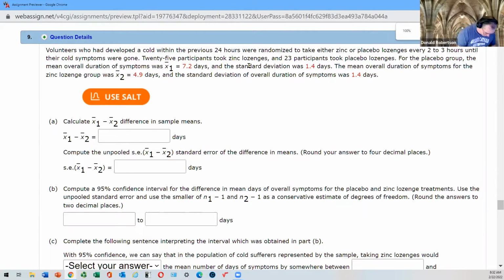So I'm writing these numbers down because you need to know them. I'm going to have group 1, I'm going to call them the zinc, and group 2, we're going to call them the control. The control are the ones that don't get anything pharmaceutical. The zinc one is N1, and that's 25 participants, which I got from here.